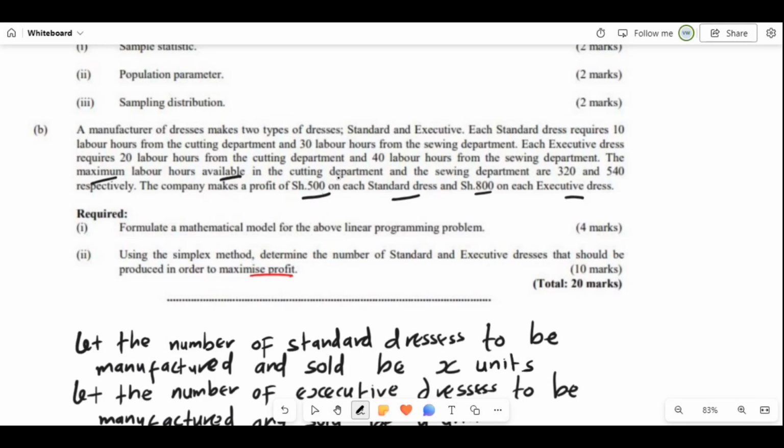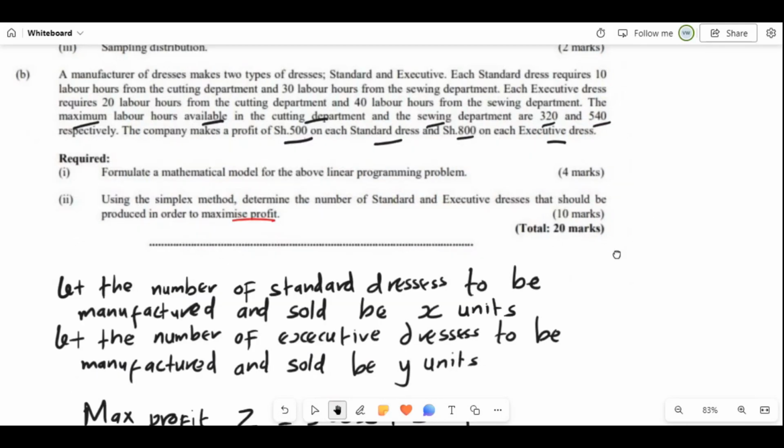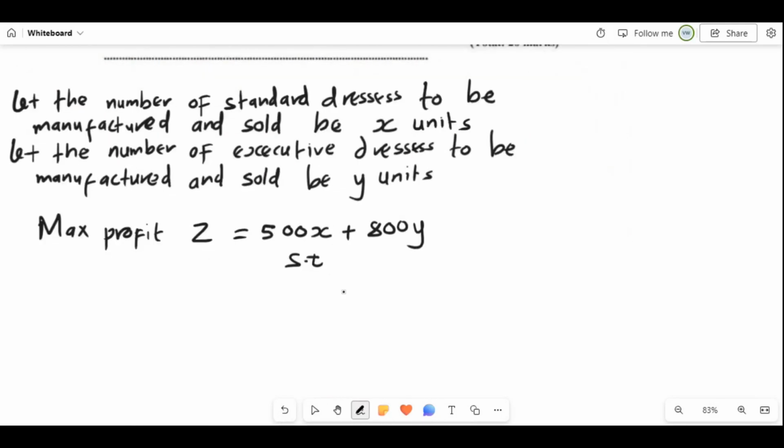The maximum labor hours available in the cutting department and in the sewing department is 320 and 540 respectively, which means we cannot exceed the capacity of less than or equal to 320 hours. This 320 hours is labor hours in the cutting department.